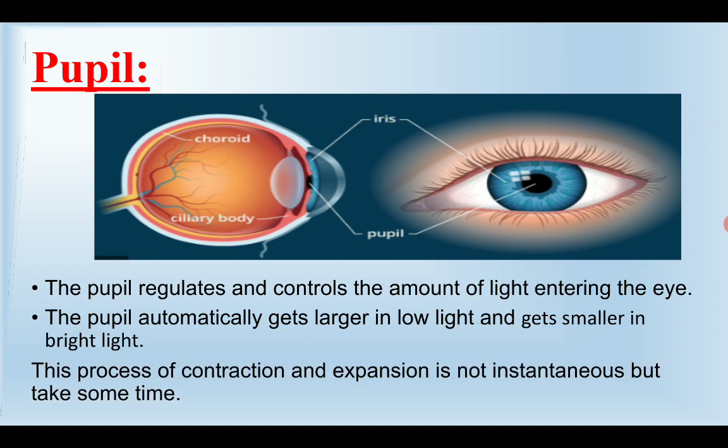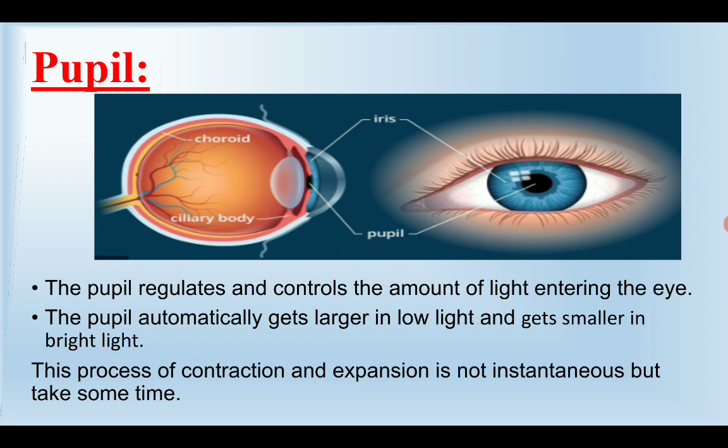Now the process takes a bit of time, as you know that whenever there is a sudden exposure of light, whenever you are asked to move out and have a sudden exposure of light, what happens? In that case, your eyes contract. So the iris contracts the pupil, and the intensity of light entering our eye is reduced.